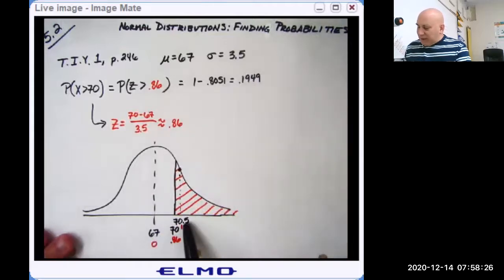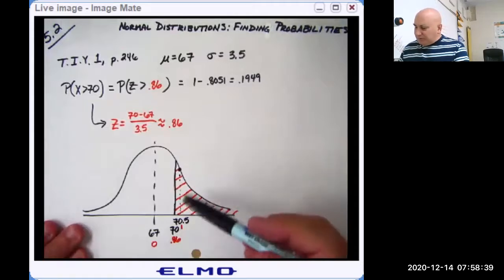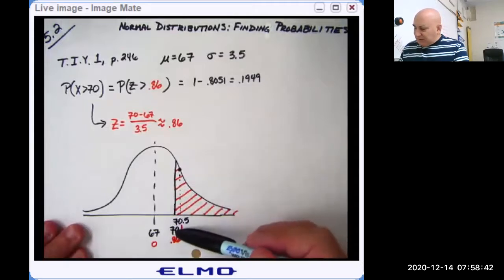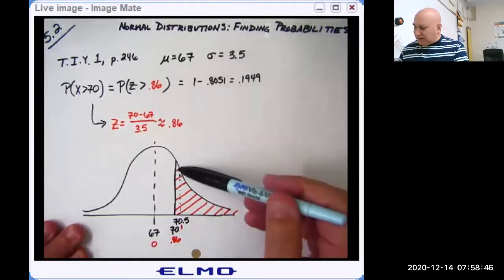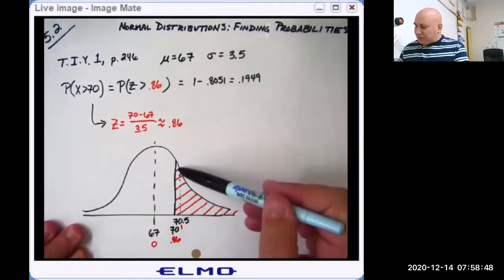Down here in black, I have my x numbers, and in orange, I have my z numbers. 67 is our mean, which in the standard normal would be 0. 70.5 would be 1 standard deviation, because that's my inflection point.